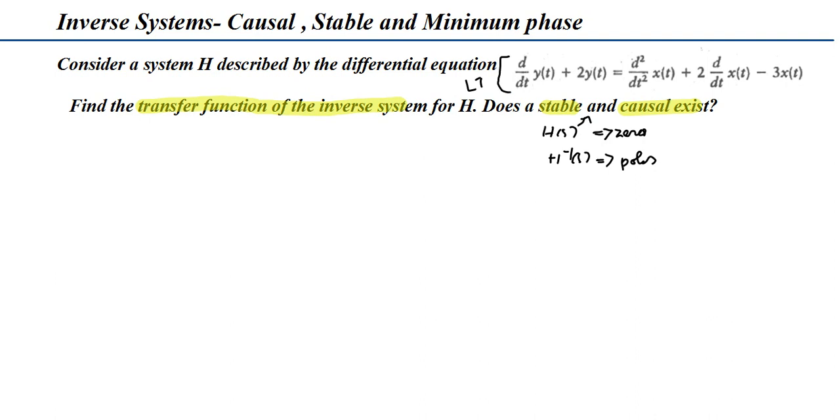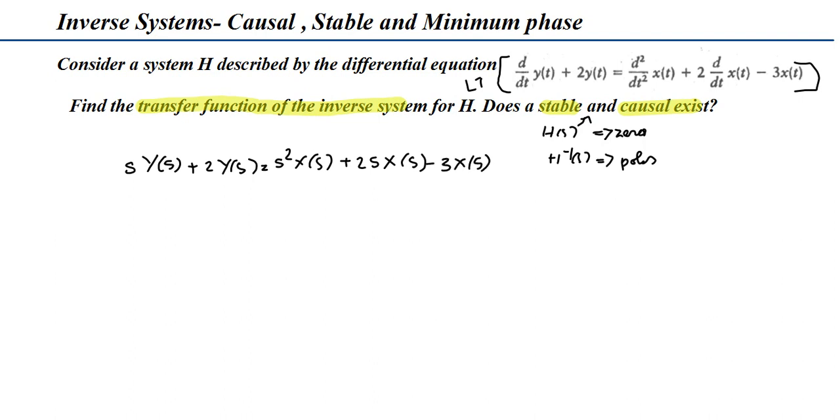If you take the Laplace transform of this equation, it becomes s into y of s plus 2 into y of s, equal to s square into x of s plus 2 into s x of s minus 3x of s.